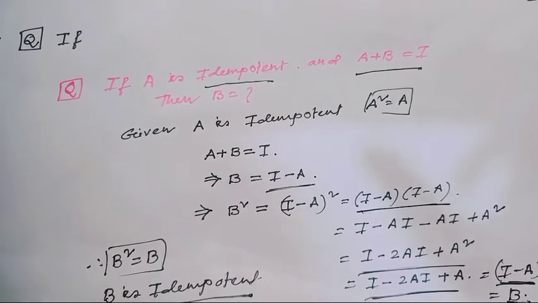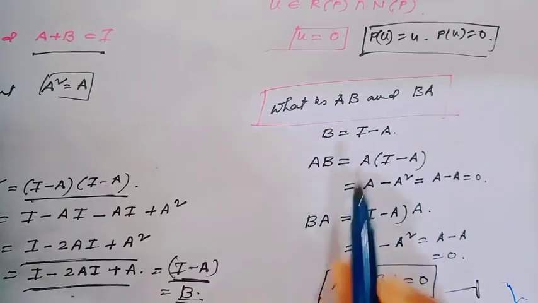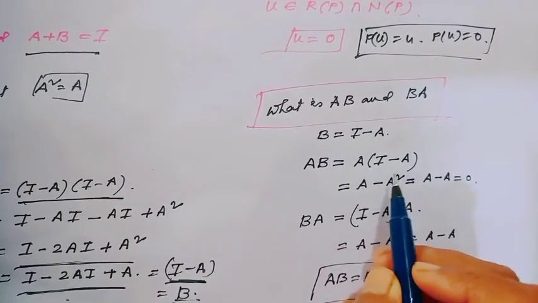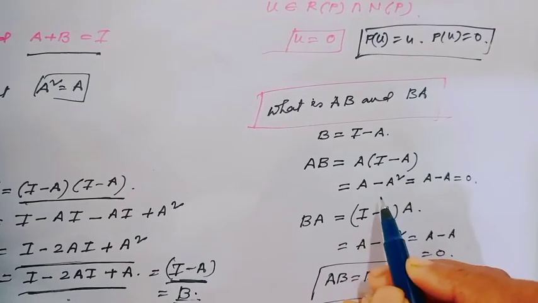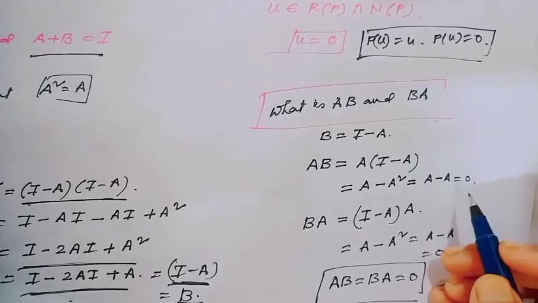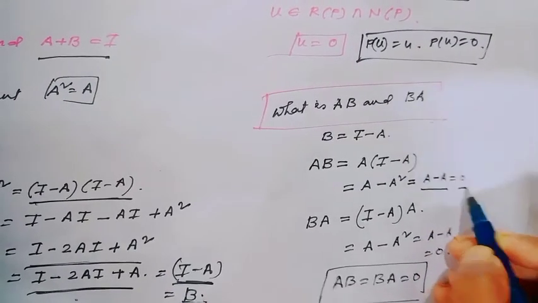Okay? Now my question: what are AB and BA? Here B equals I minus A, then AB means A times (I minus A), which is equal to A minus A square, and since A is idempotent, A square equals A, so this is A minus A, which is equal to 0.